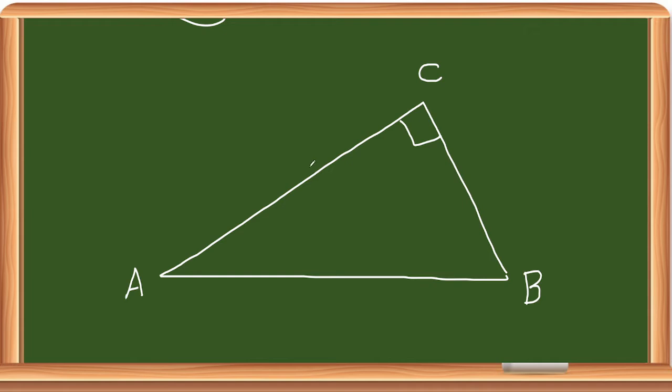Now, syempre ito, opposite nung vertex B would be the side B. Ito, small letter B. And then this one, since it is opposite angle A, we can name this as side A. And lastly, the one opposite the right angle C, we can name it as side C.